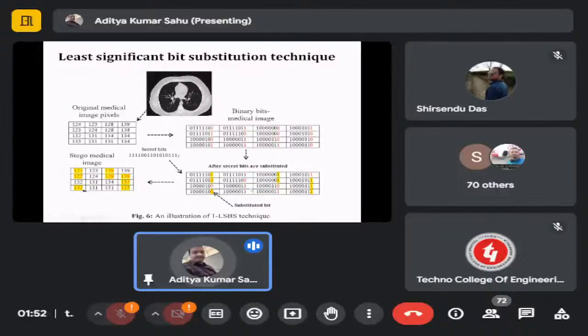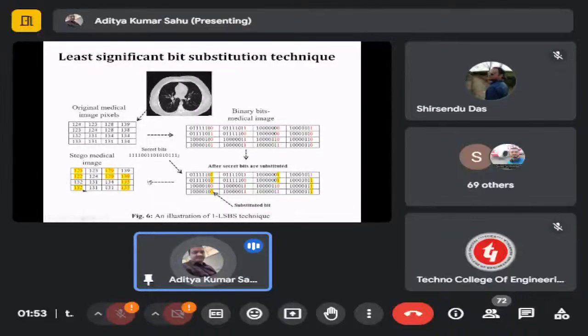Then, after replacement of these secret bits in the binary bits of the medical image, we'll reconstitute the binary bits for the individual pixels to decimal values. At the end, I have highlighted the pixels which have been altered or changed after hiding the secret bits.